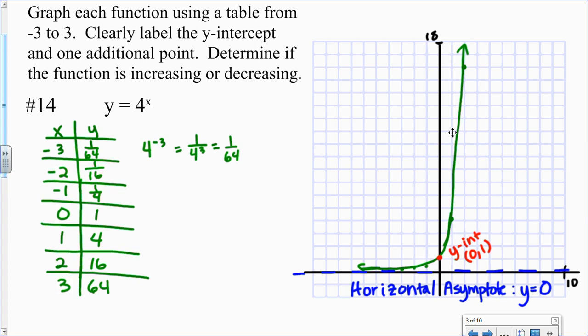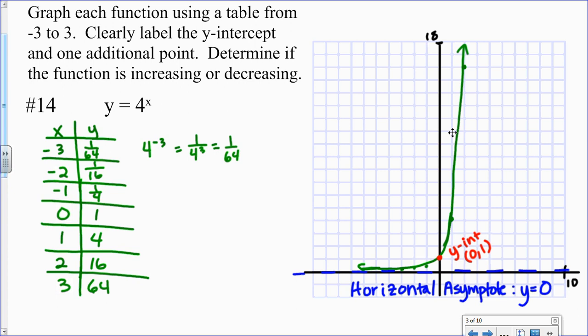If my base were 2 or 10 or 1/2, it's still going to have 0, 1 and a horizontal asymptote at y equals 0, because when you plug in 0 for an exponent, it always gives you 1.